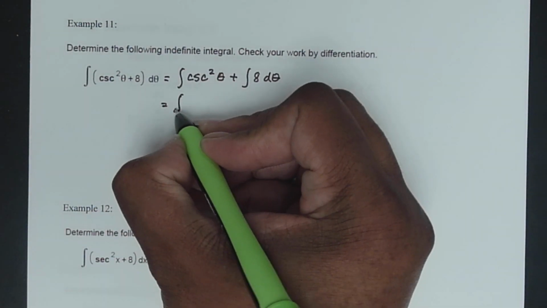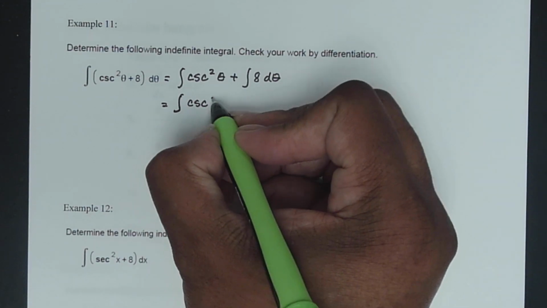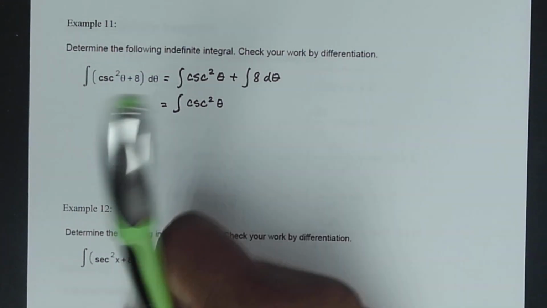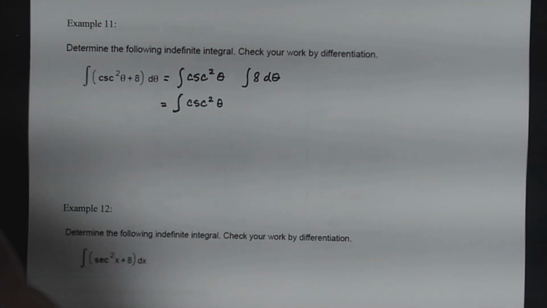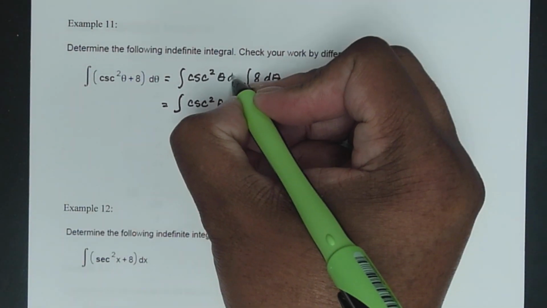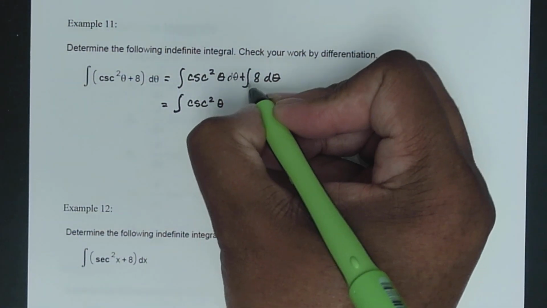And I could do this: integral of cosecant squared theta, and I left this off, d theta. And then that's a plus sign.